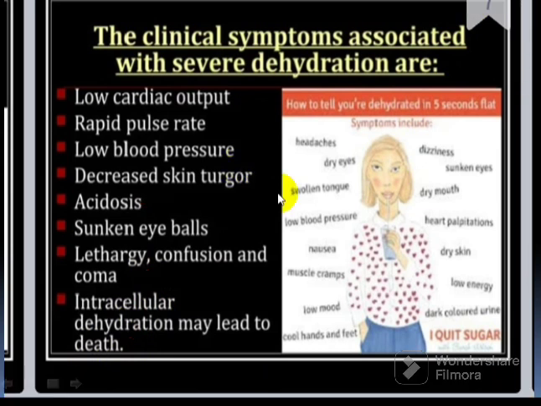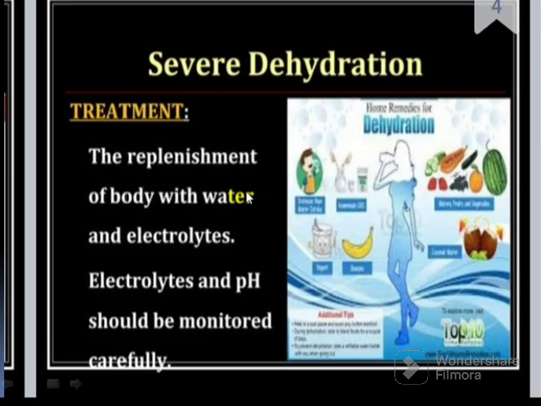Treatment of dehydration. It's very simple. As a doctor, maybe a patient comes to your hospital and you observe that this patient is dehydrated. The body tissues and cells are lacking water. What do you do? Simple. What you have to do is fluid and electrolyte replacement.